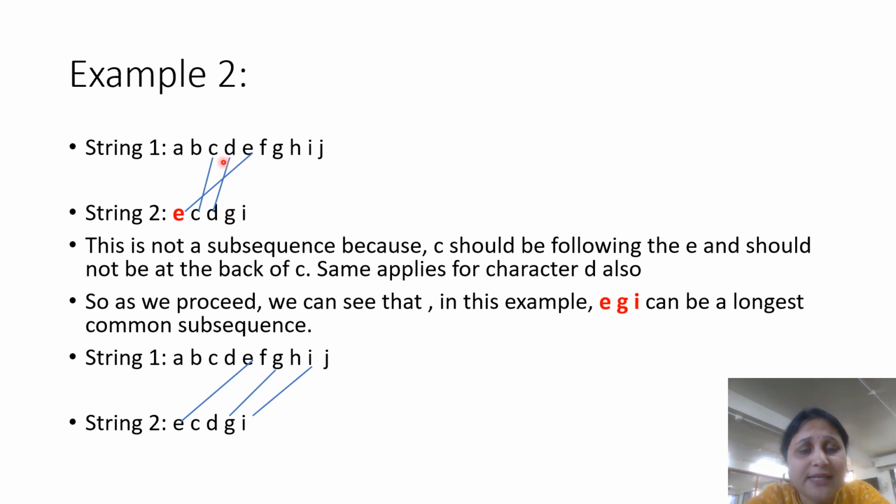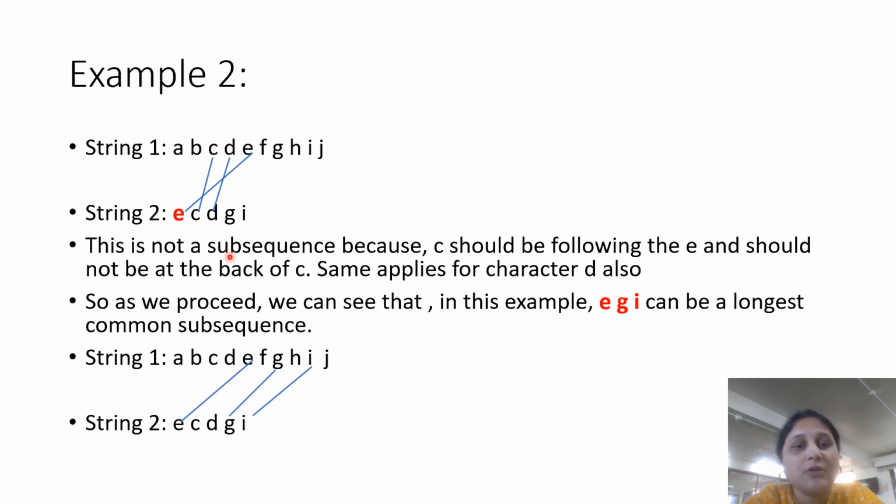Now see here, next alphabets are C and D. Now C and D are appearing before E in string 1, but in string 2 they are appearing after E. So this is not a subsequence because C should be following the E and should not be behind it.